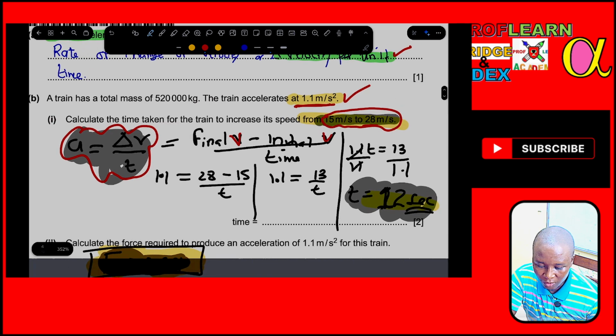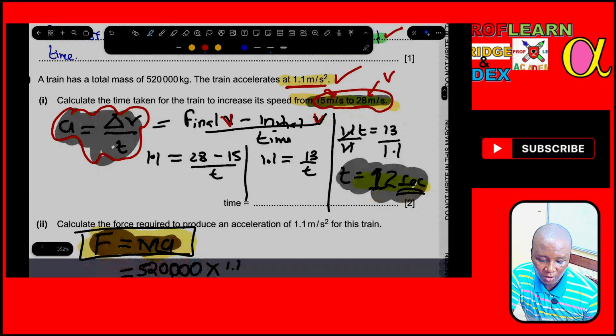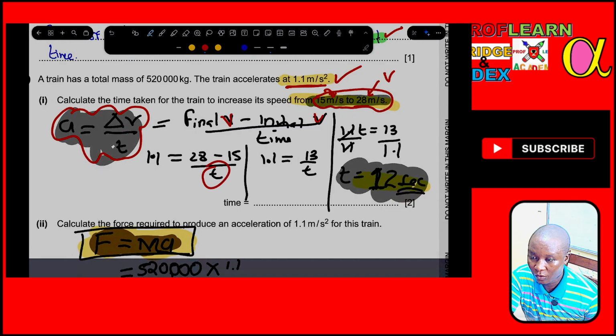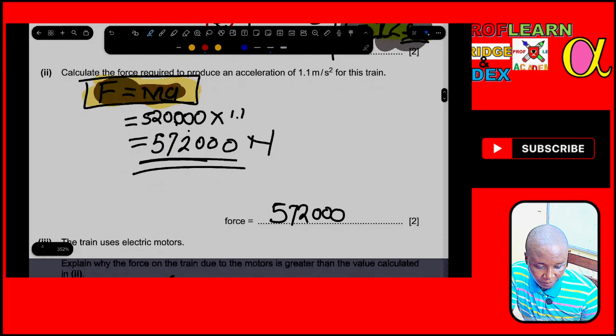Our final velocity is this one here, V final, and this one is the initial velocity. So you are supposed to subtract the two. And then you say 1.1 is equal to 28 minus 15 over the time which we are trying to find. If you work it out, you're going to get your answer being equivalent to 12 seconds. That's one of the values you're going to find.